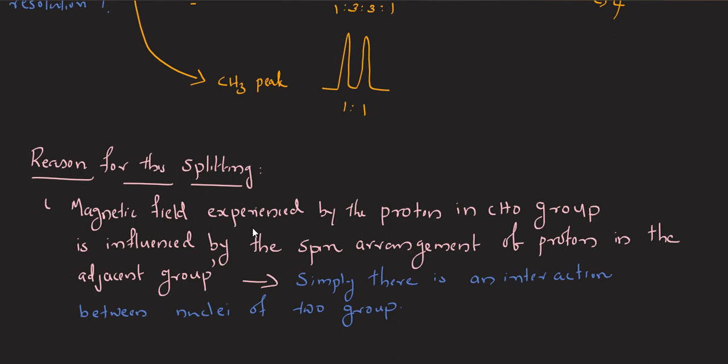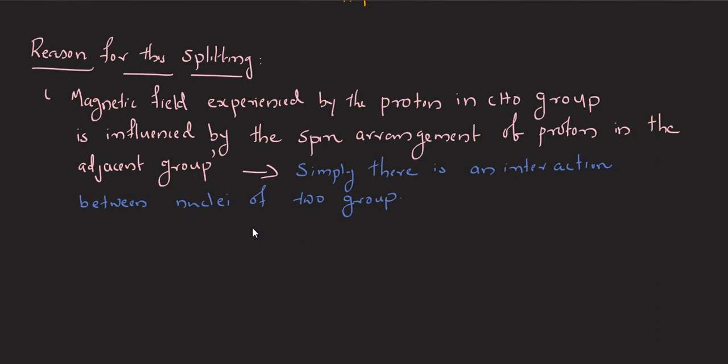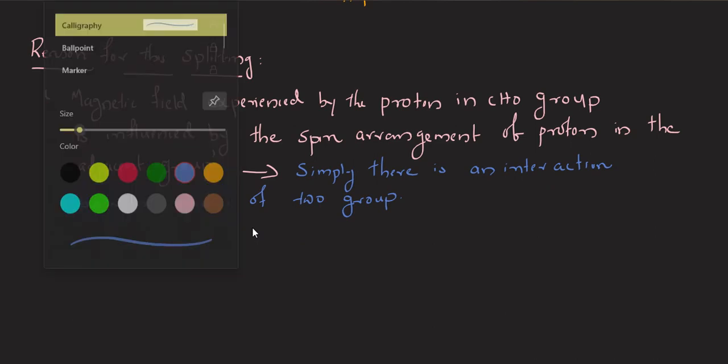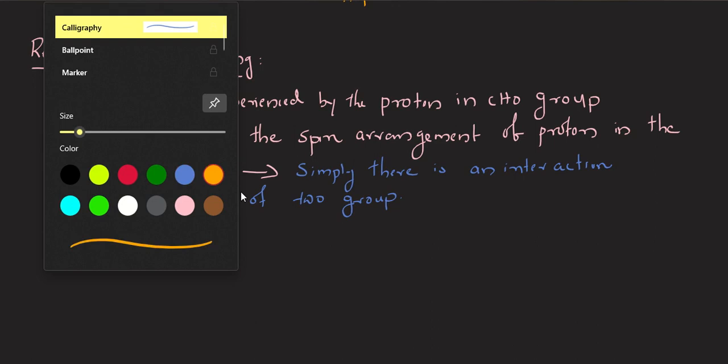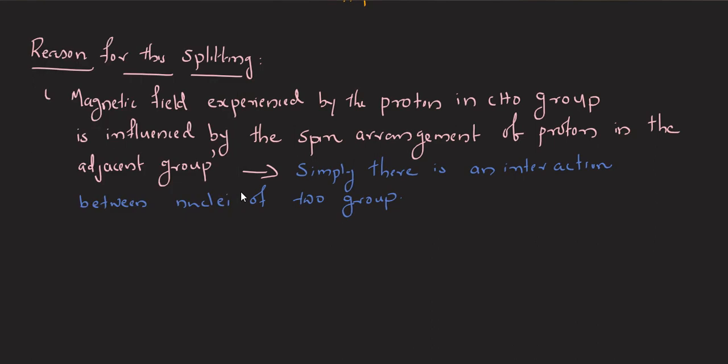And if you see, it is not a direct interaction. Another important point is that there is an interaction between the nuclei of two groups, and it interacts in such a way that there is a spin-spin interaction, because the magnetic field experienced by the proton in one group is influenced by the spin arrangement of proton in another group, and the interaction is spin-spin interaction.